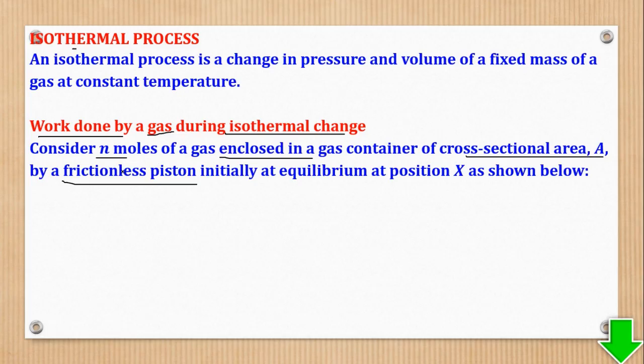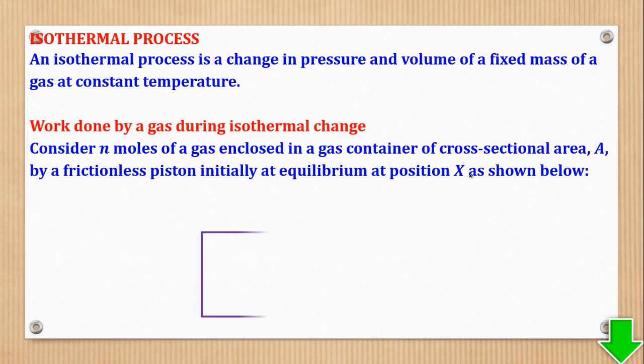Remember we said frictionless piston, initially at equilibrium. When they say the word frictionless, it means the isothermal process is reversible. The frictionless piston is initially at equilibrium at point X as shown below.